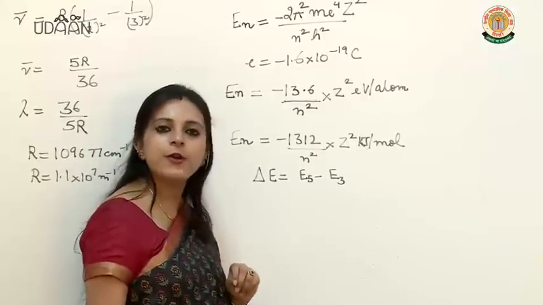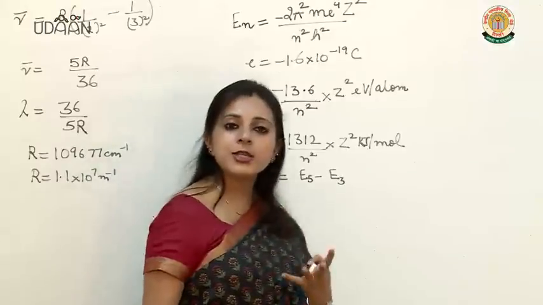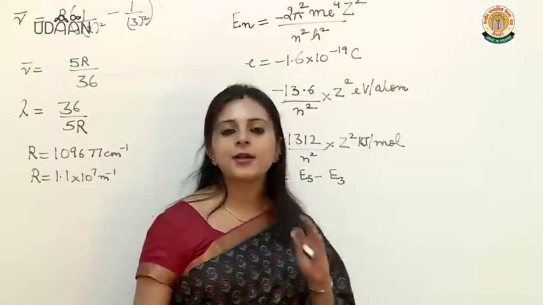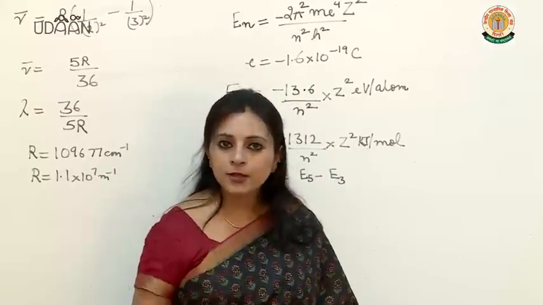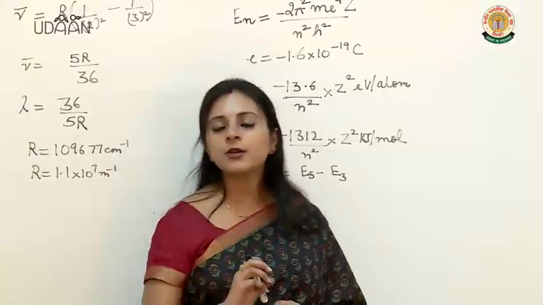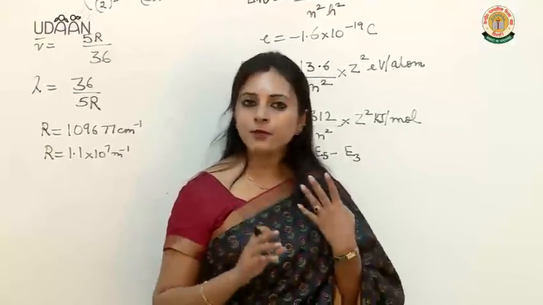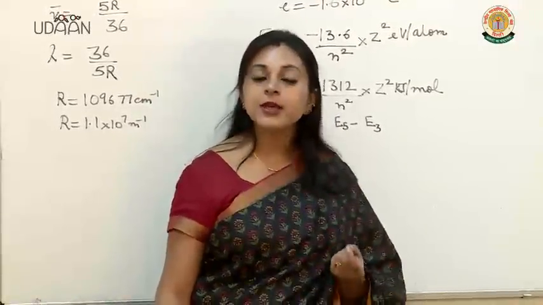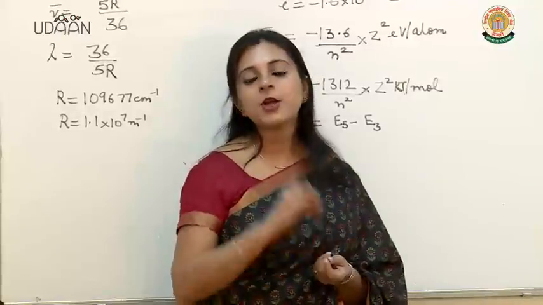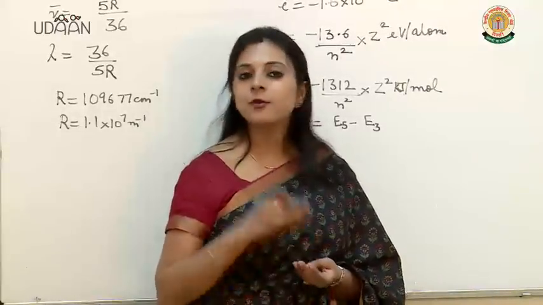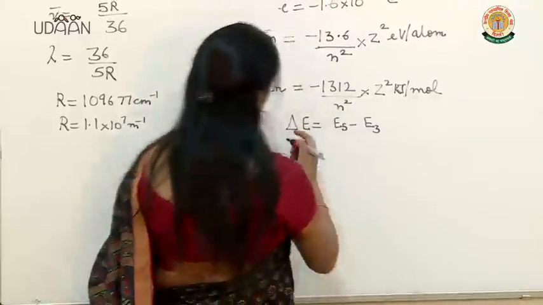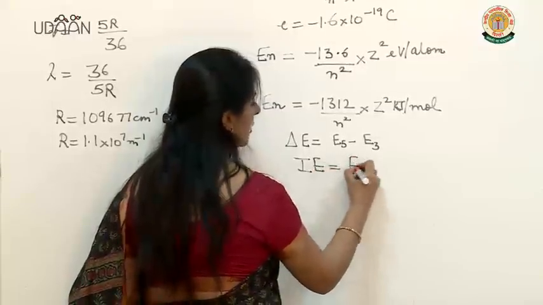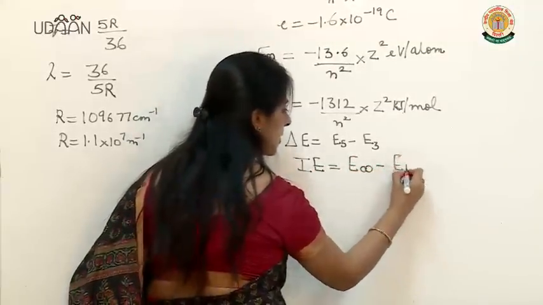Now, suppose I want to find out the ionization energy of the hydrogen atom. What do I mean by ionization energy? Ionization energy means the energy required to completely remove an electron from the orbit. If I am removing the electron completely, it means I have to take this electron to the infinite orbit. So the ionization energy of hydrogen would be E infinity minus E1.